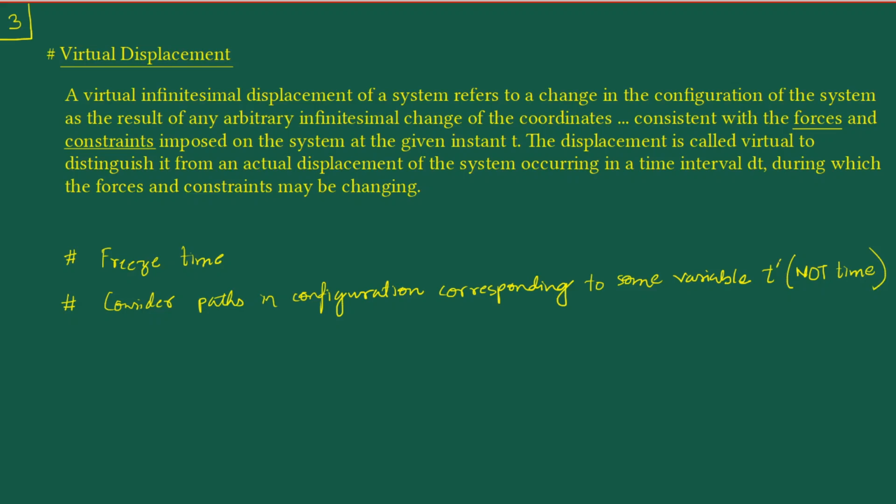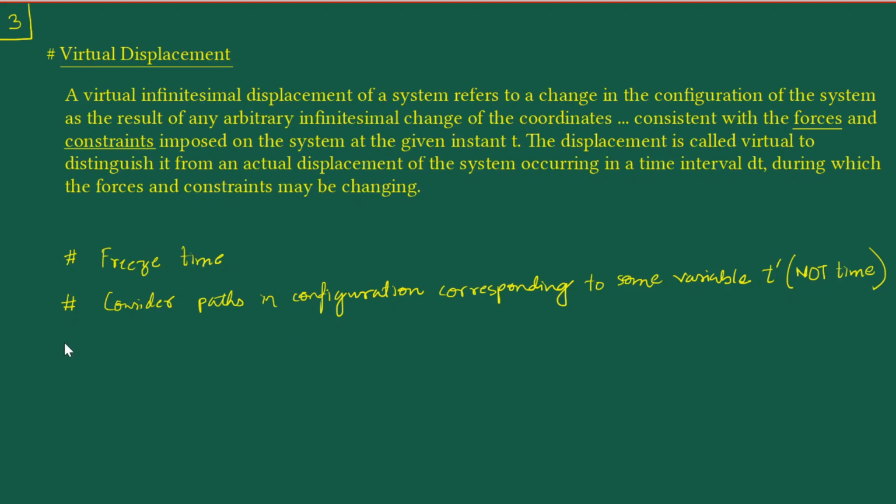This t dash is just some arbitrary scalar variable, and it is anything but time, because we would be varying t dash, but note that we have already frozen time. So because t dash is varying and t is frozen, t dash is certainly not time. This is very important again.